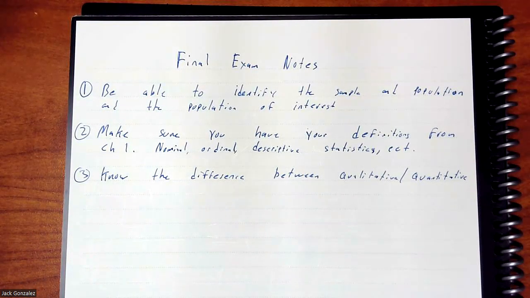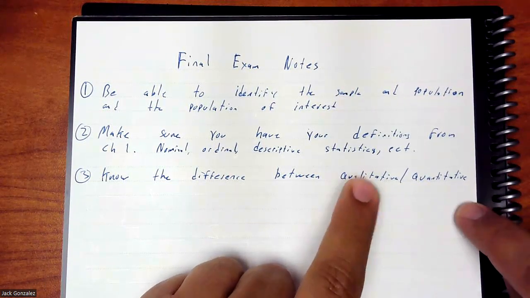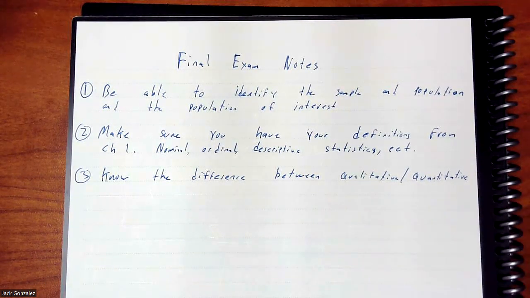Like the definition itself, but also if you see a data set or an example or a table, be able to determine, is this a qualitative set or a quantitative? So know the definition, but also know how to spot it. Does that make sense? Okay.